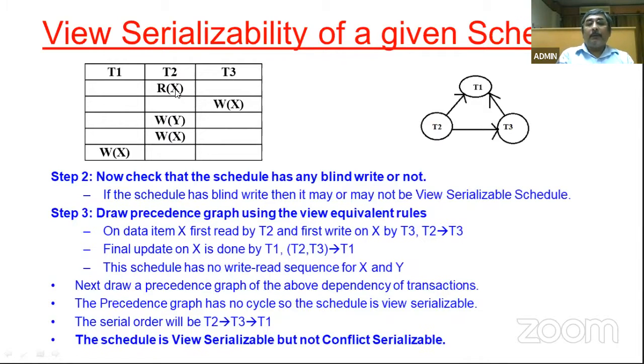So T2 to T3 there will be one particular arrow, and I have T3 to T2 to T3 that you have. Now the final update is done by T1, right? Final update is done by T1.